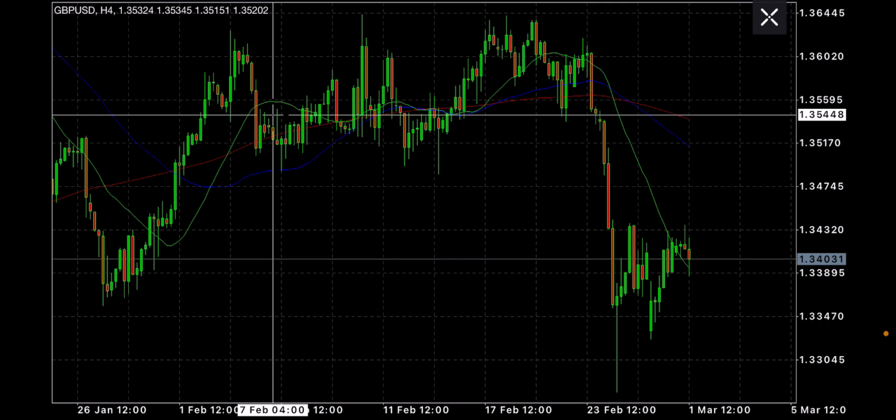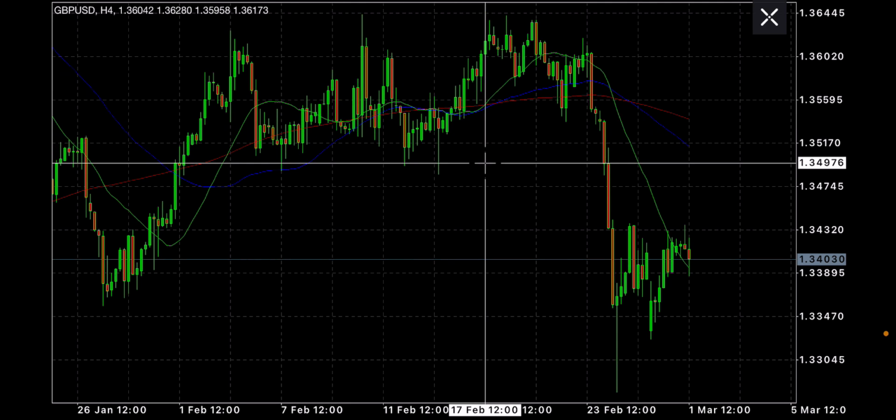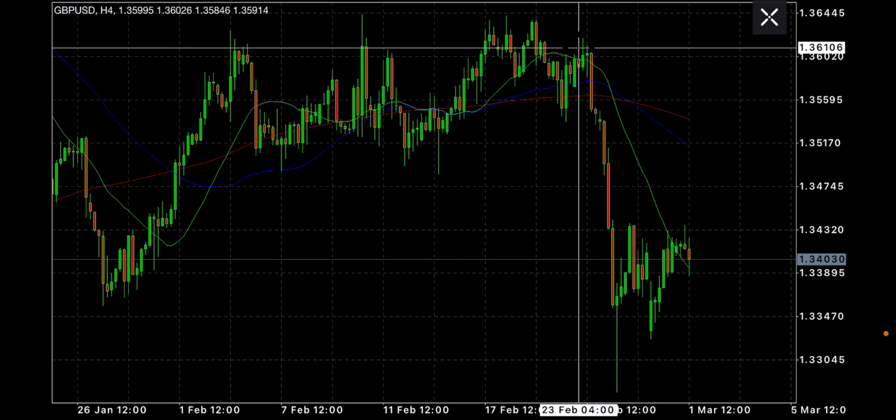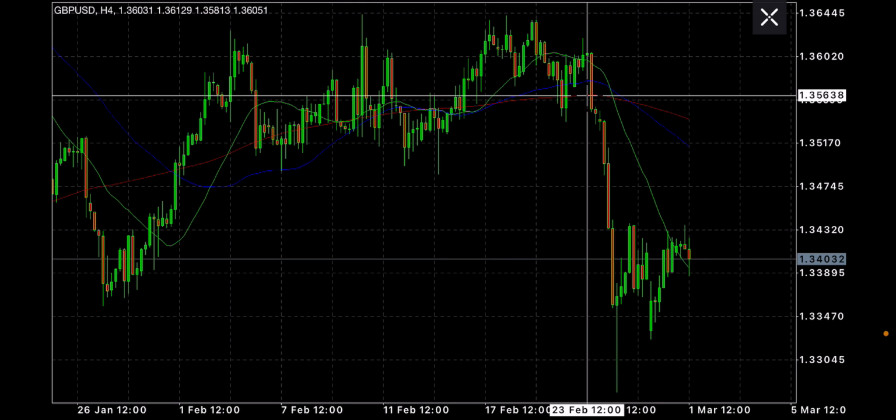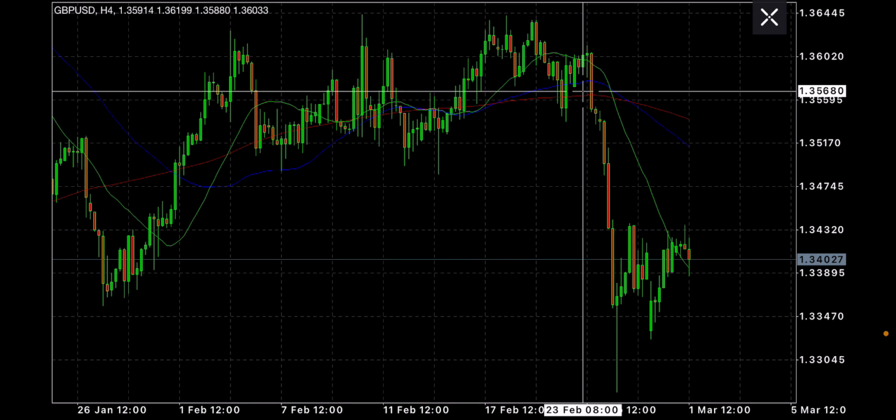And then also, all the nations that are in Europe, even though the British pound is not a part of the EU, it's still suffering from the ripple effect from the Russia-Ukrainian conflict, because the British pound is obviously a European currency.